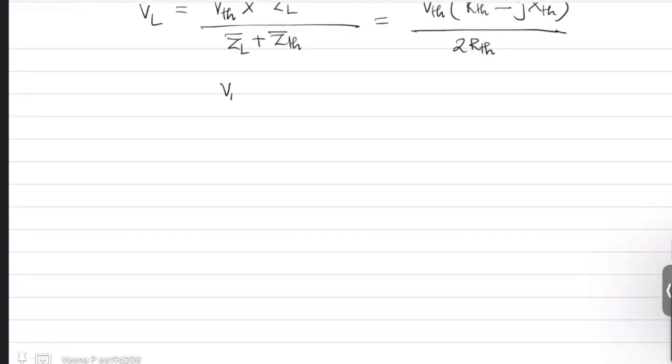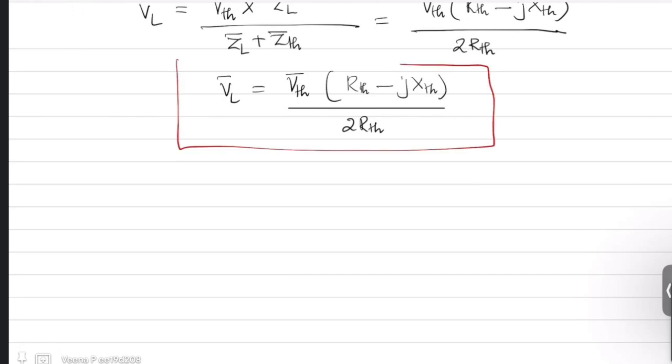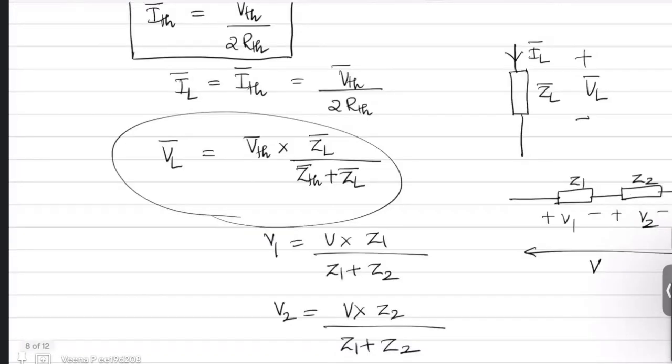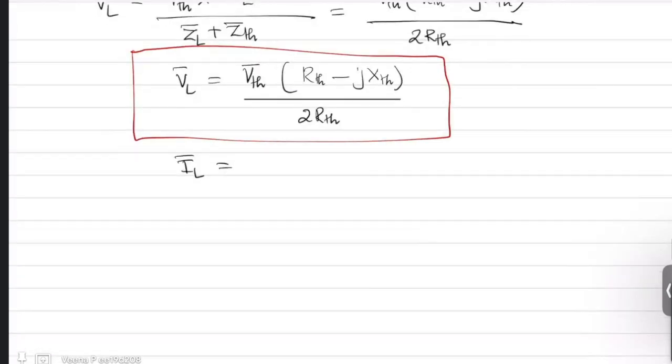So you got your VL as VTH times RTH minus JXTH, the whole divided by 2 times RTH. So this is your voltage across the load, and your current through the load IL is VTH divided by 2 times RTH.